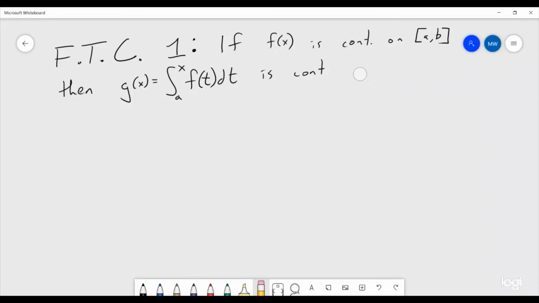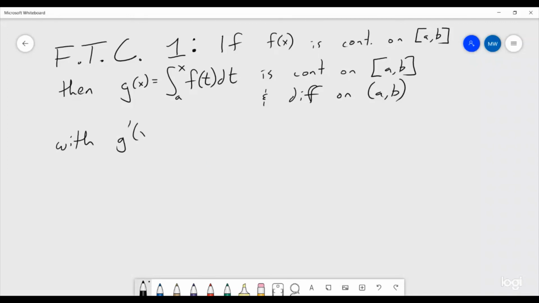So it's continuous on the interval a to b and is differentiable on the open interval a to b with g prime of x equaling f of x. That's the first part of the Fundamental Theorem of Calculus.